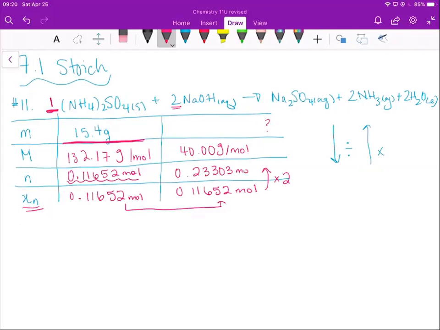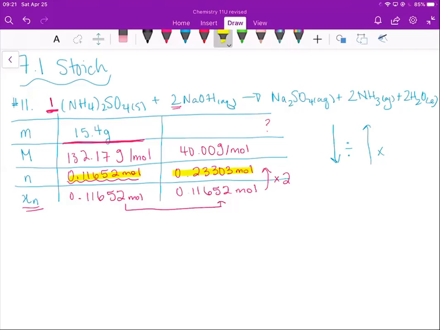0.23303 moles. So this is important because what it's showing is, I'm going to highlight 2 numbers. I need 0.23303 moles of sodium hydroxide for 0.11652 moles of ammonium sulfate.